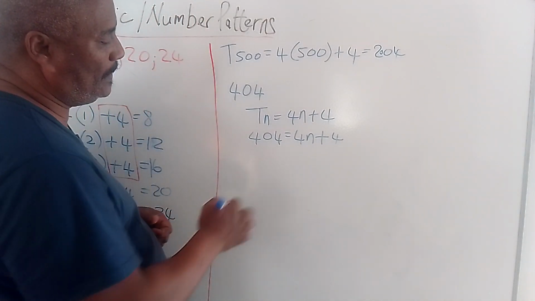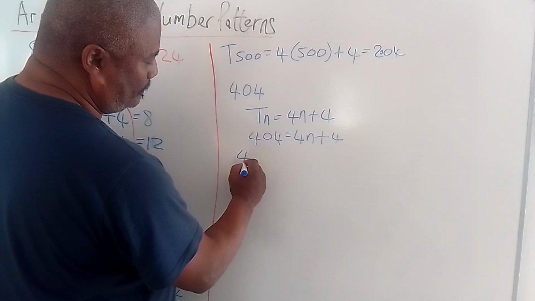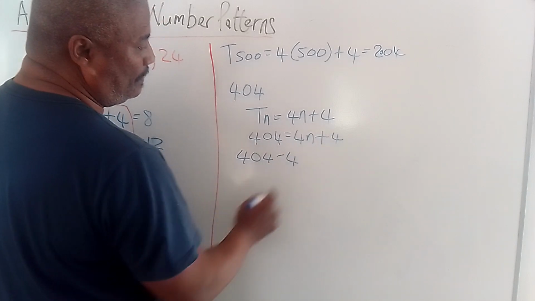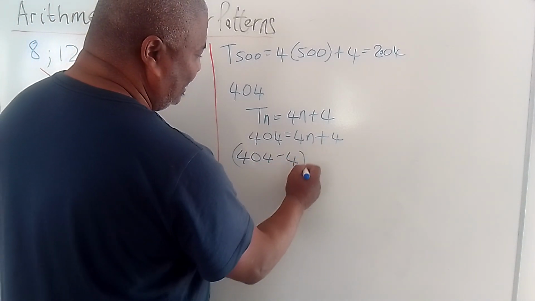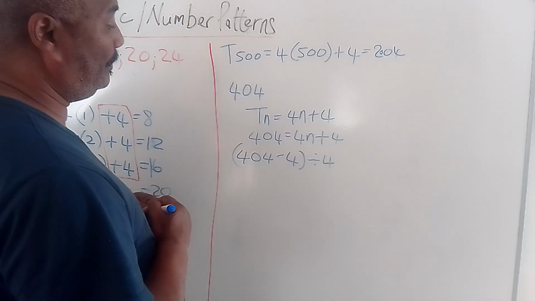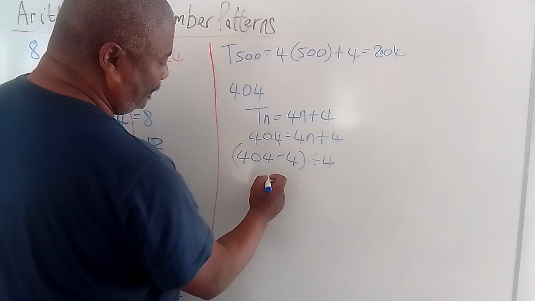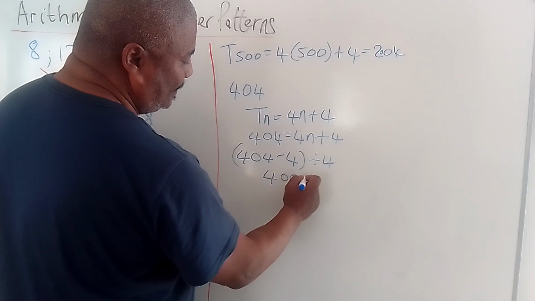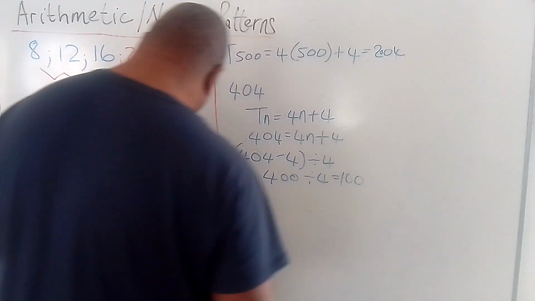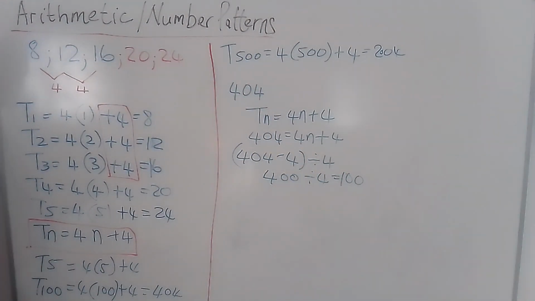We say 404 minus 4, the opposite of plus is minus, and then divide by 4. 404 minus 4 is 400. Divide by 4, and our answer is 100. So the 100th term is equal to 404. So our n is 100.